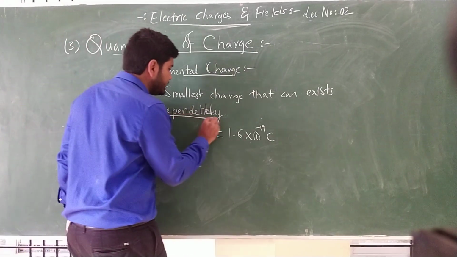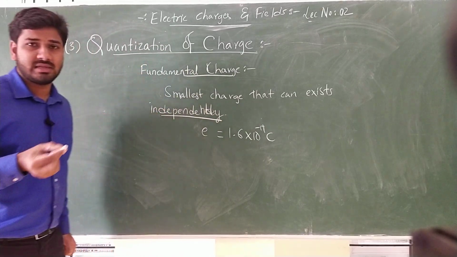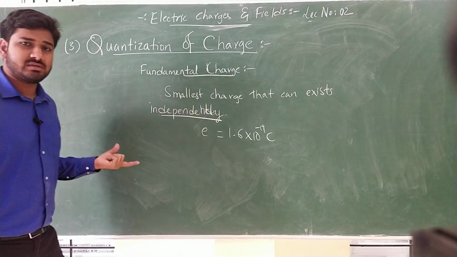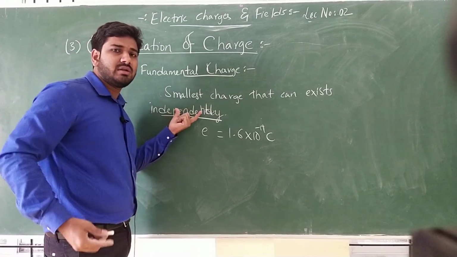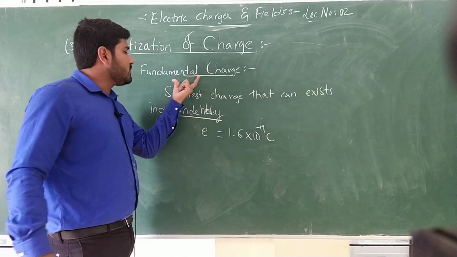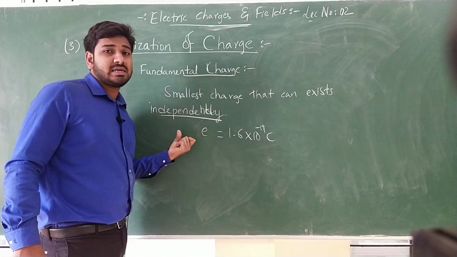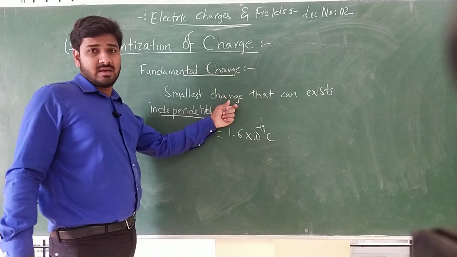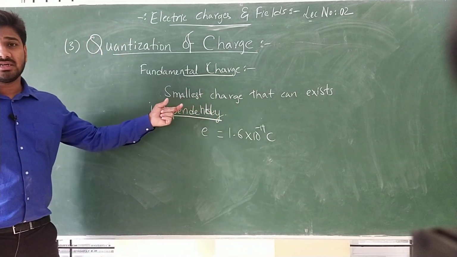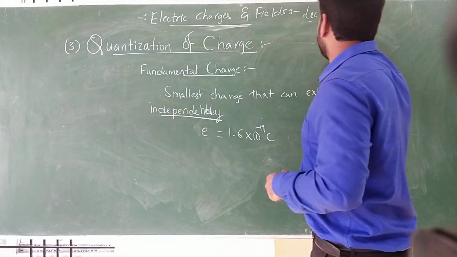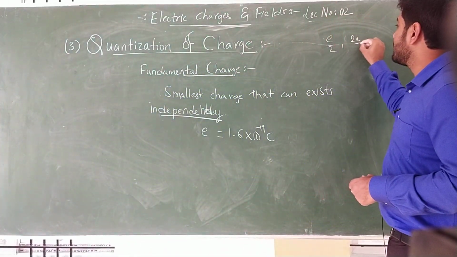Now in physics, discovery and research are going on continuously. There are charges smaller than e, like quarks and antiquarks, with charges e by 3 and 2e by 3.